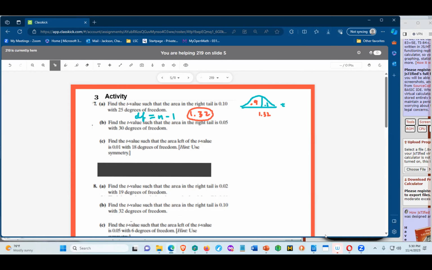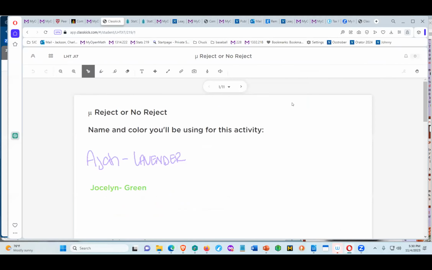Great. And for the calculator, or for StatCrunch, we'll end with this.